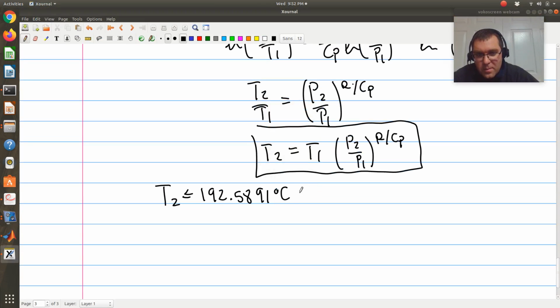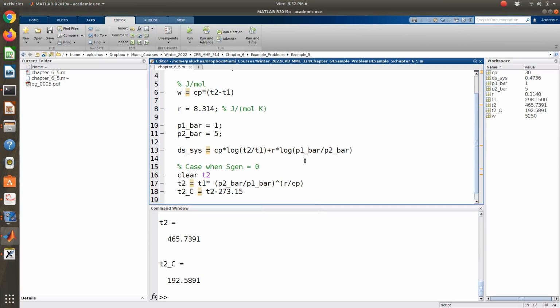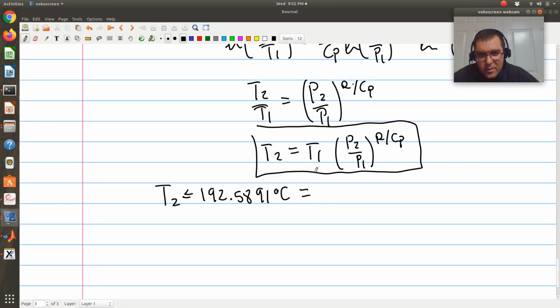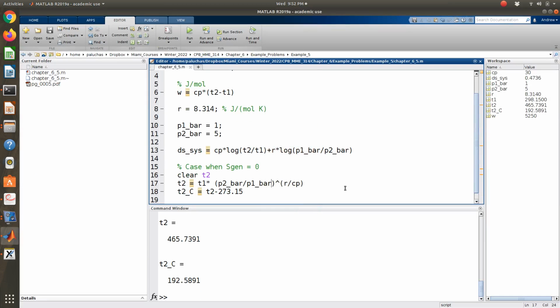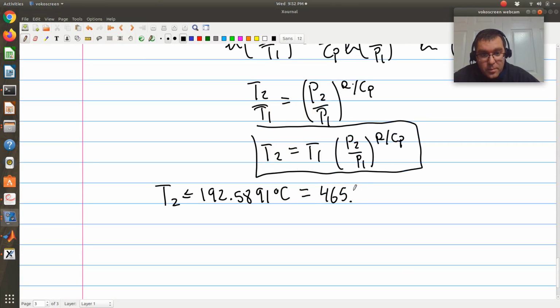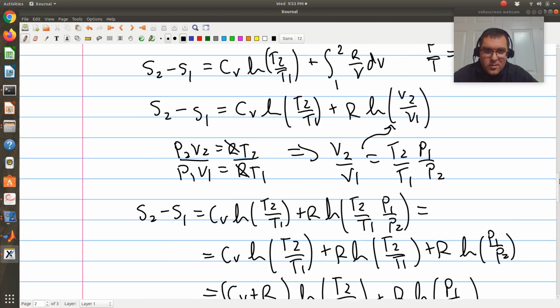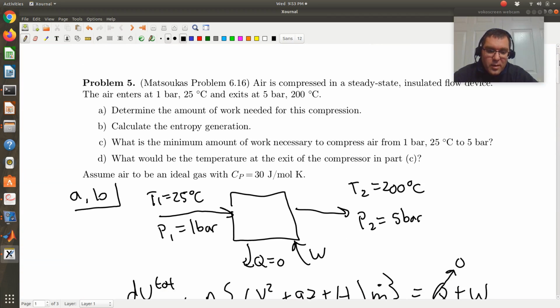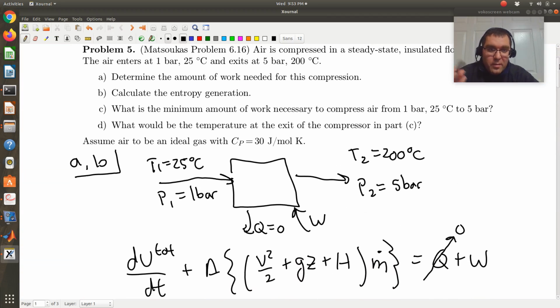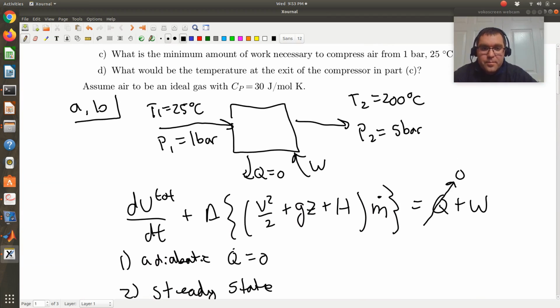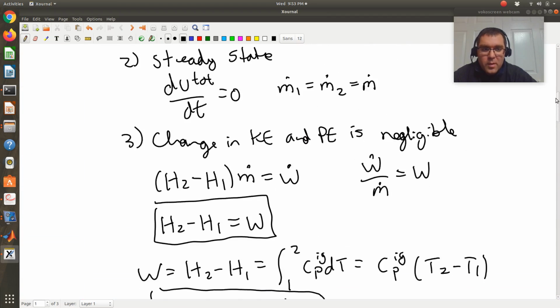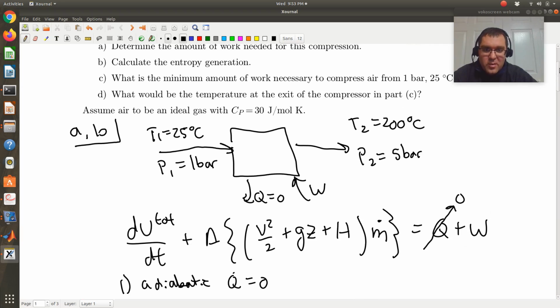That's degrees C, and that would be equal to 465.7391 Kelvin. So for this reversible case, my exit temperature is cooler than for the irreversible case. That makes sense because we expect less work to be needed.